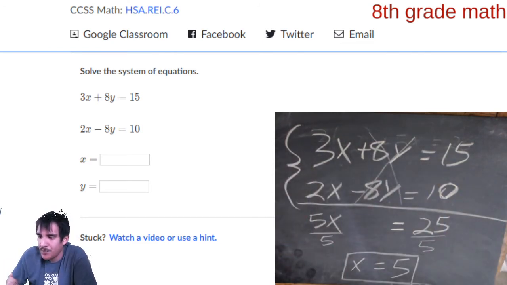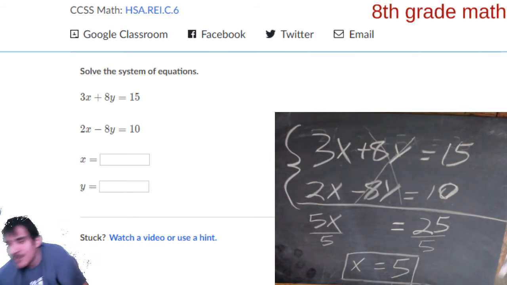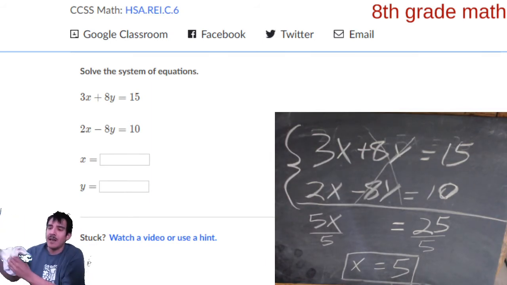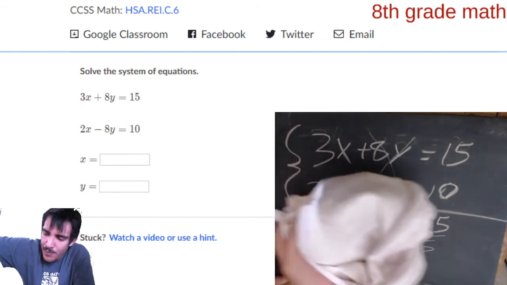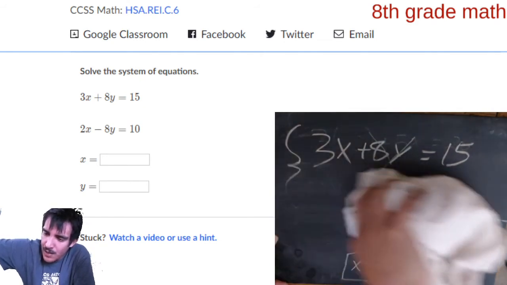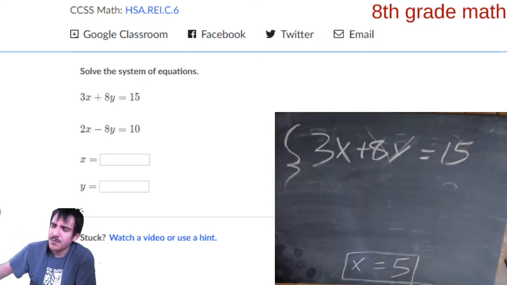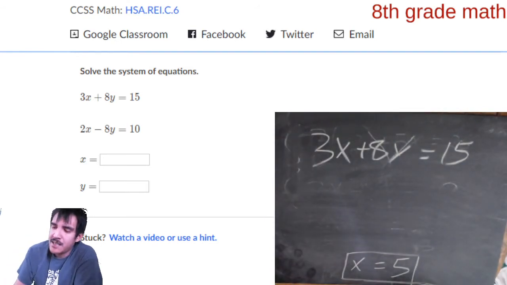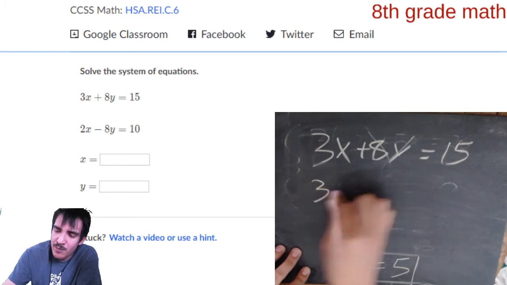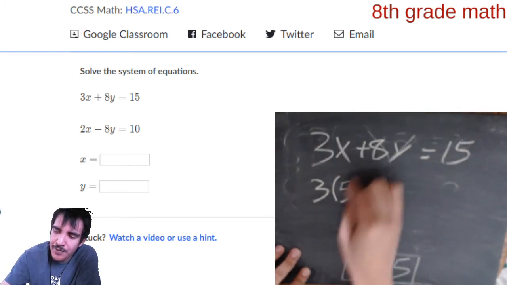It will make life very easy. I always like to choose the first one. So I'm going to go ahead and erase everything but the first equation, and I'm even going to erase the little squiggly. Okay. x equals 5. So let's rewrite this equation, but now with the value x equals 5.